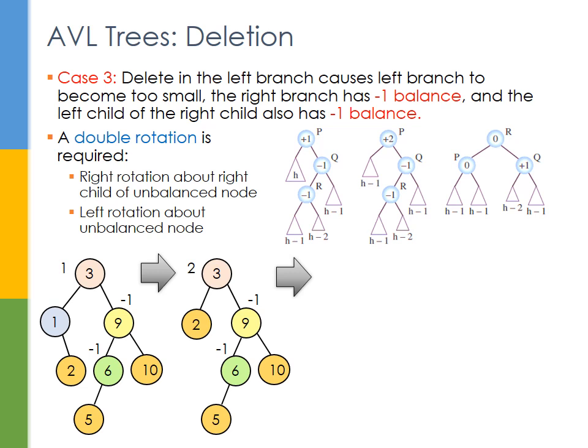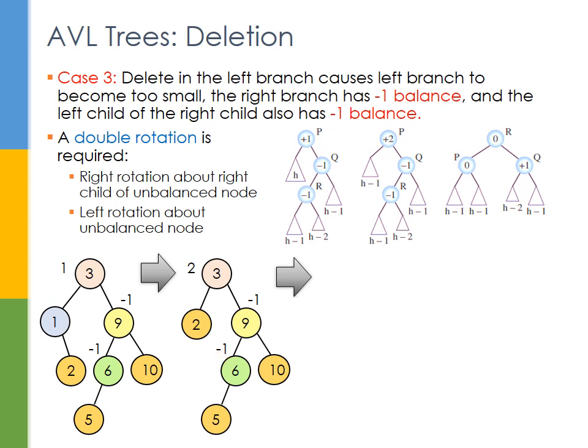So this of course is an unbalanced situation due to a deletion in the left subtree of node 3, and we then look at the right child of this unbalanced node, in other words node 9. We see that its balance factor is -1, so we then look at that node's left child, which is node 6, and we see that its balance factor is also -1.